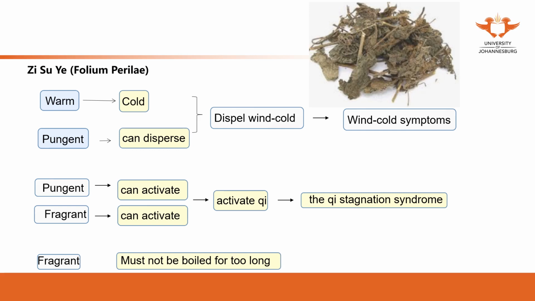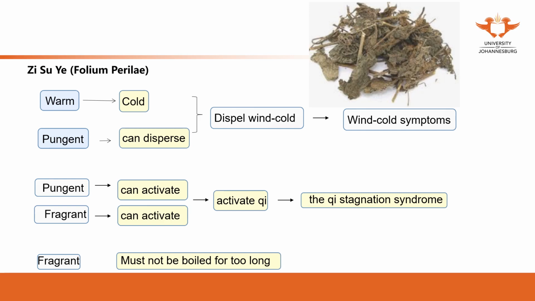In a mild condition, we can use Zisu only. In a severe condition, we can use Zisu with other herbs. Also, because Zisu can activate the qi, if a patient presents with qi stagnation and a cold syndrome, then we can add other herbs that can warm the stomach, such as sharen.